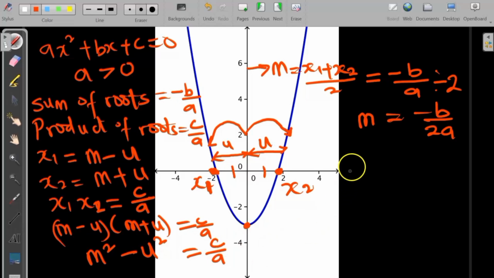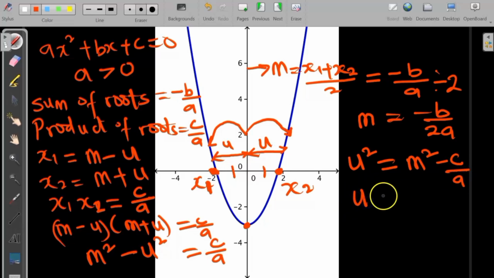Therefore, U squared is the same as M squared minus c over a. So U will be equal to plus or minus the square root of M squared minus c over a.